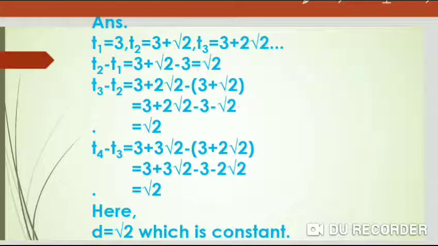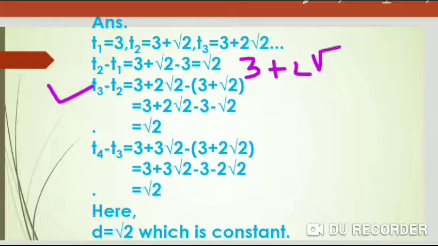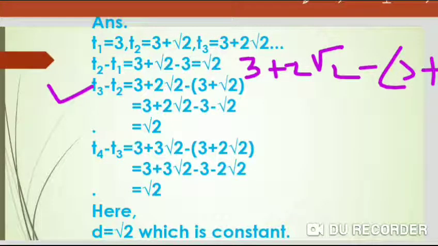Understand? Now for the next term, see T3 minus T2. The value of T3 is equal to 3 plus 2 root 2, and the value of T2 is equal to 3 plus root 2.